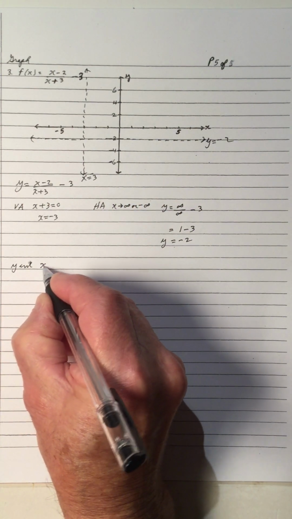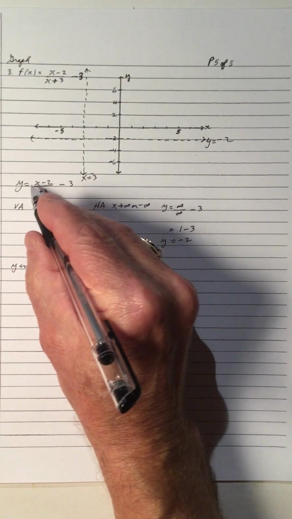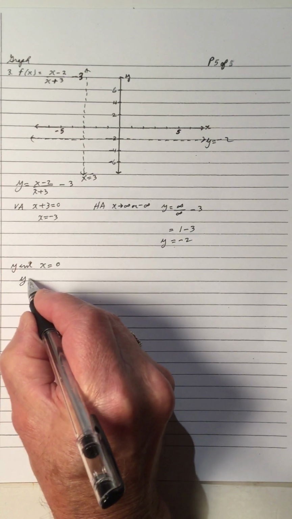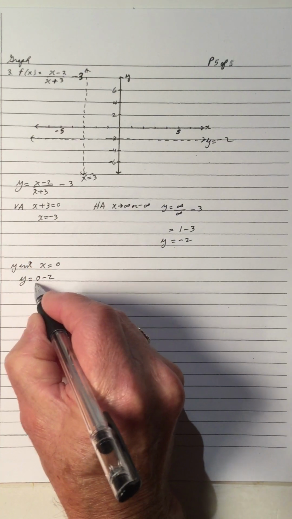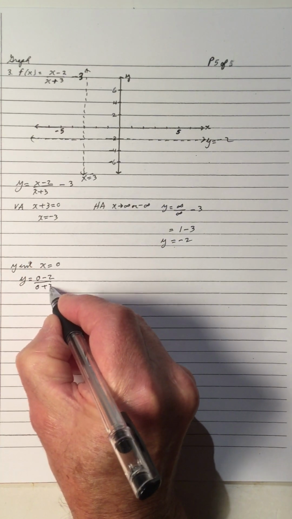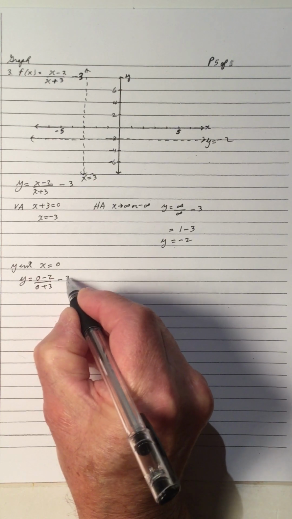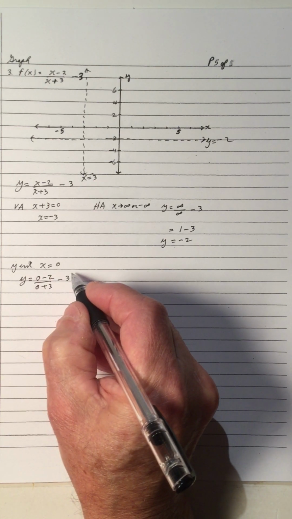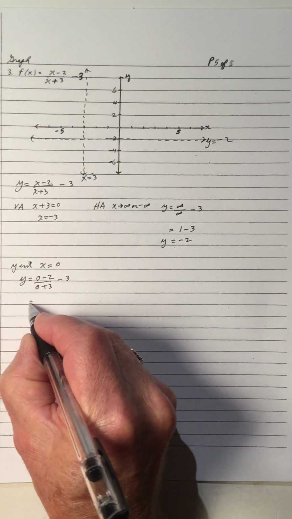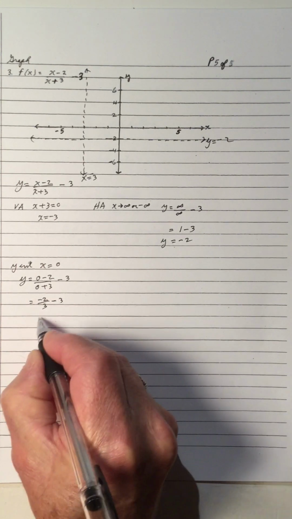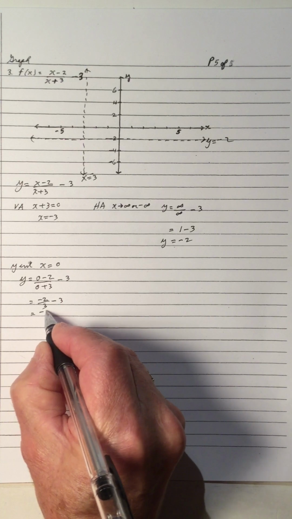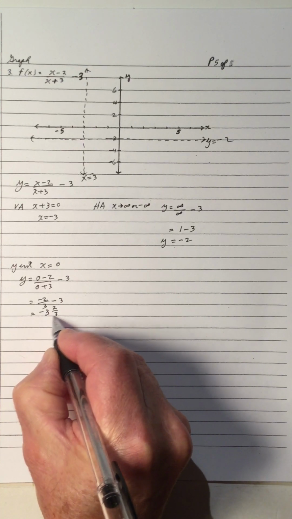So let's look at the y-intercept when x is equal to 0. We take the equation, y equals, putting a 0 in here, 0 minus 2 over 0 plus 3 minus 3. That gives us negative 2 over 3 minus 3, so that gives us negative 3 2/3.